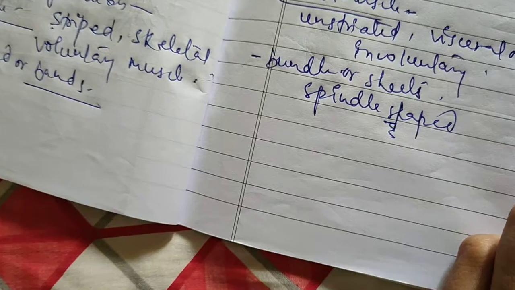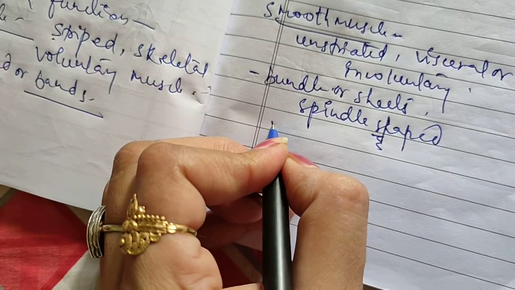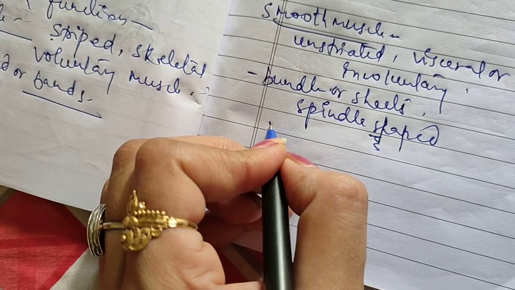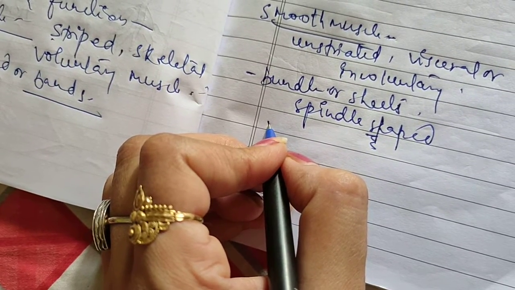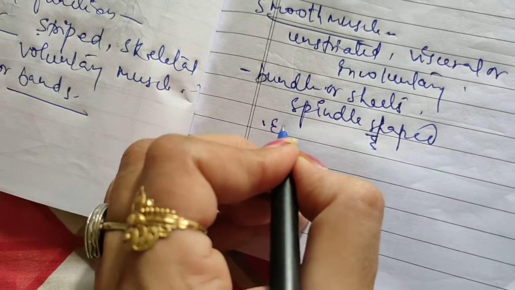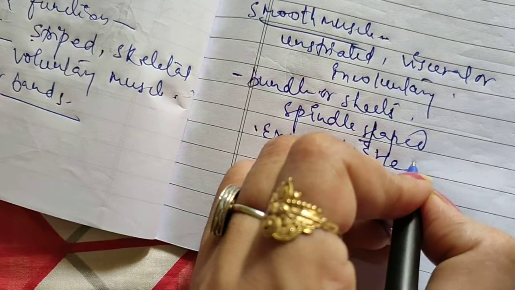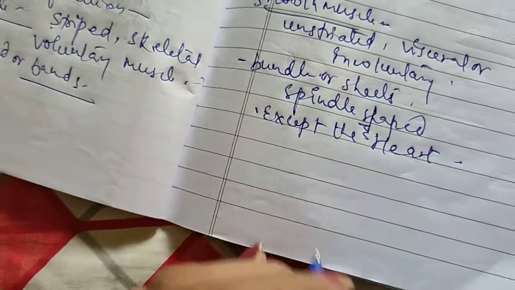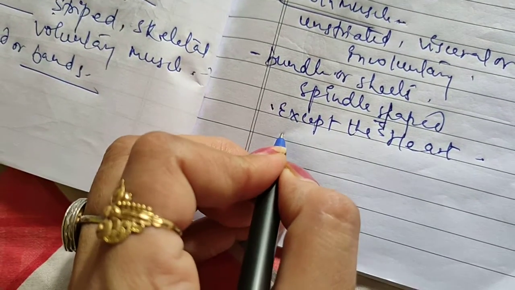And occurrence, where it occurs: smooth muscles are found in the walls of the visceral organs. Visceral organ means all the internal organs except the heart. And so they are called visceral muscle.